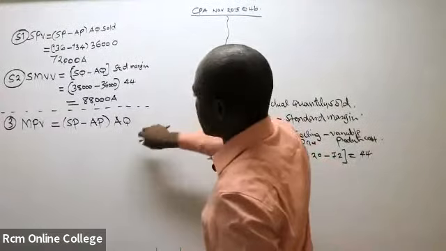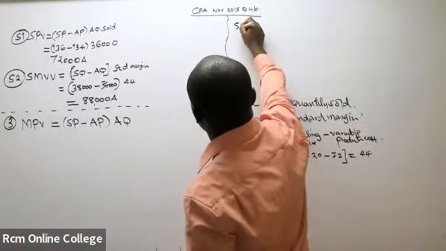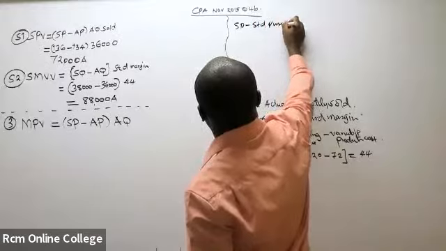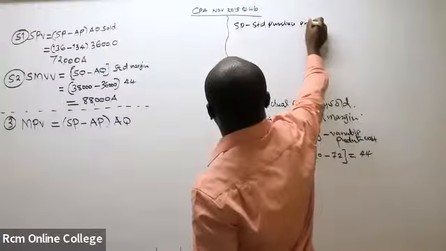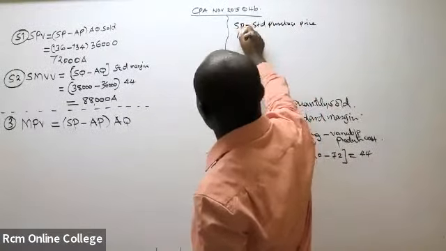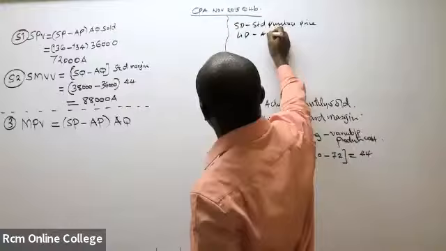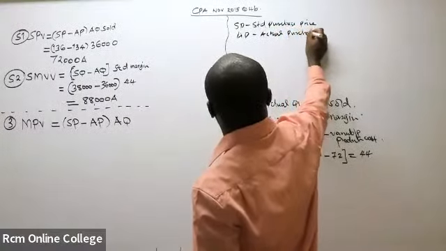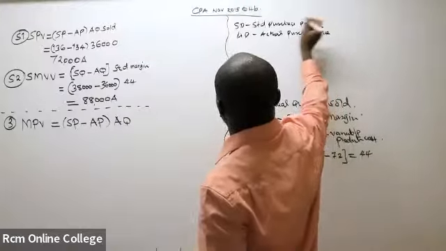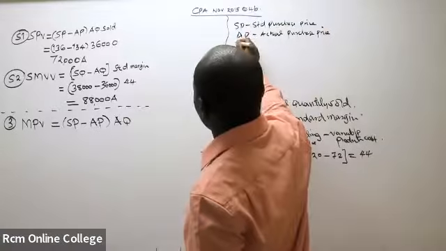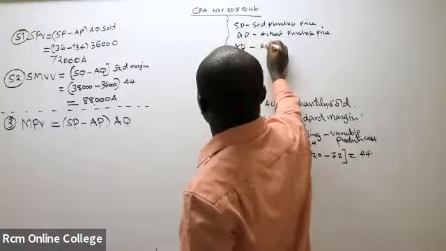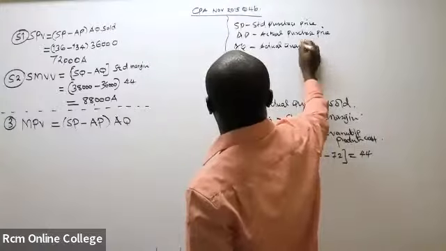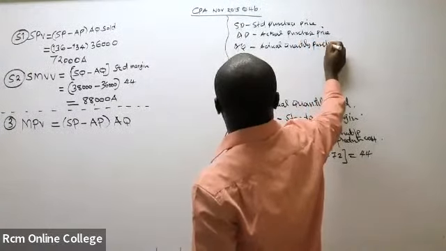When dealing with material now, so standard, that is standard purchase price, of course, for raw material, then AP, actual purchase price, not actual selling price. Then we have actual quantity, that is actual quantity purchased.